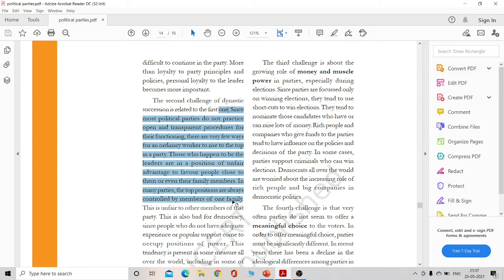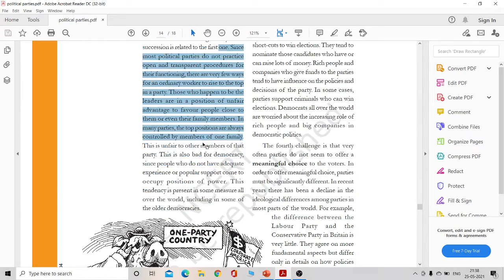That is how one family or one group of influential people tend to influence the political party for many years to come. So this is one challenge, right?